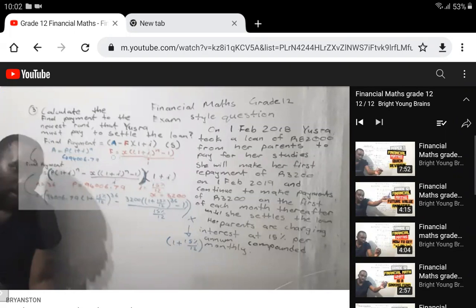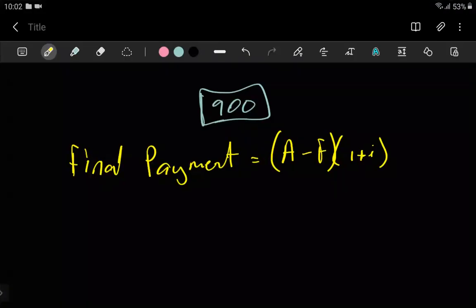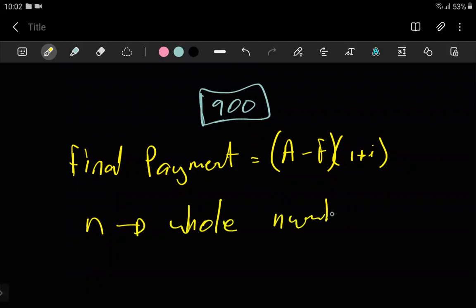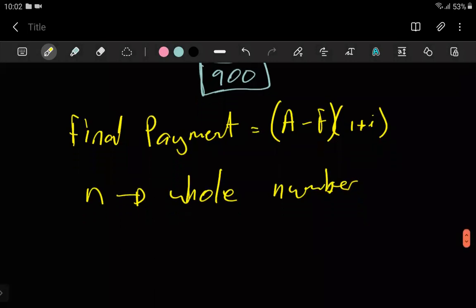So your value of n is always going to be a whole number. The reason I'm saying n is a whole number is, when you work with financial maths, there are times when you will be asked things like, how long will it take to pay off the loan?